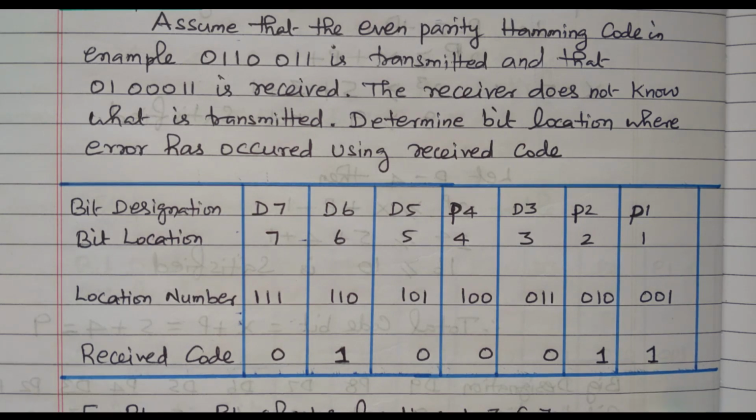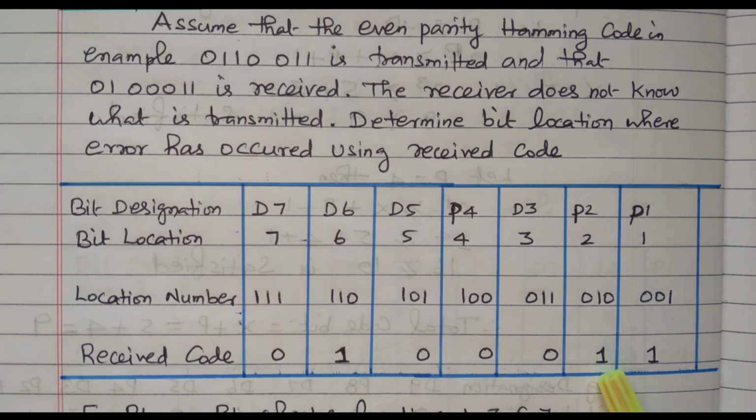We need to frame the code, in which P1 refers to the LSB. The P1 value will be 1, because in positions 1, 3, 5, 7 only one 1 is available, so the resultant value will be 1. That is the LSB. So the P1 value is 1.